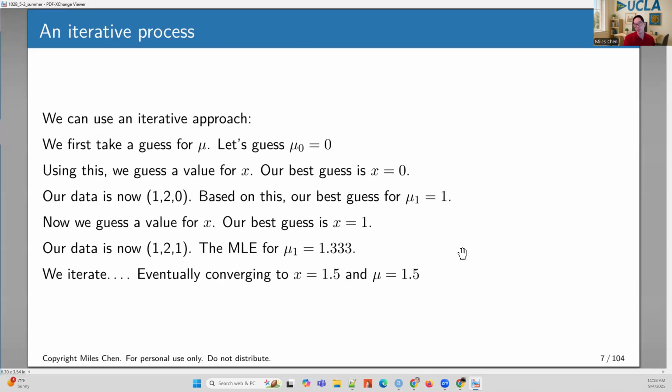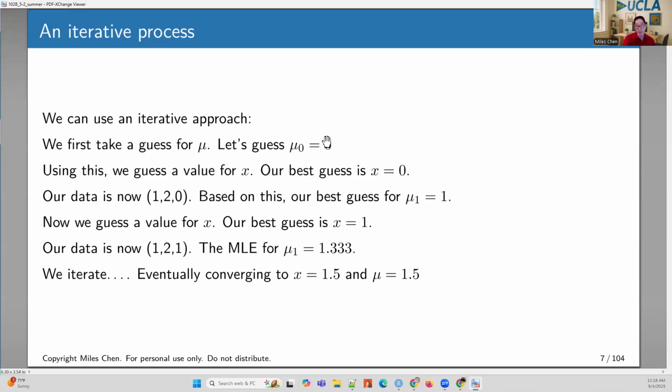One approach is to take an iterative approach. You start off with a guess for mu, and you iterate back and forth. So I'm going to start off with an initial guess of 0 for our unknown parameter mu.